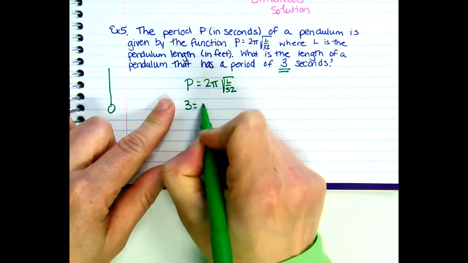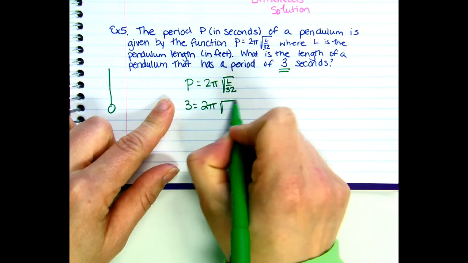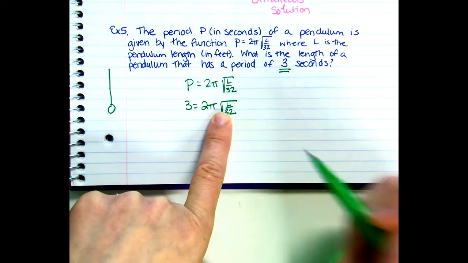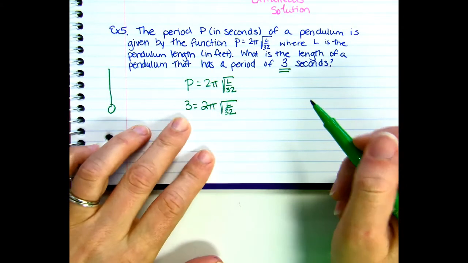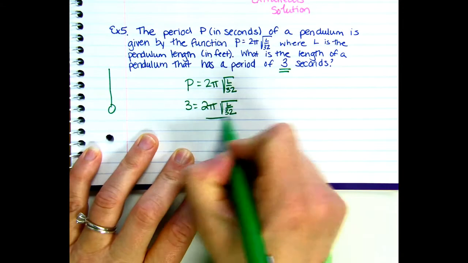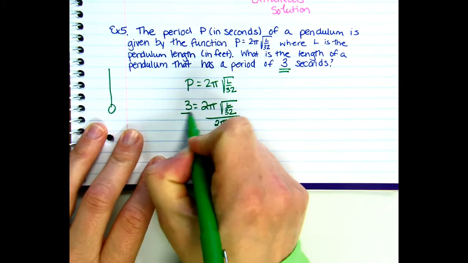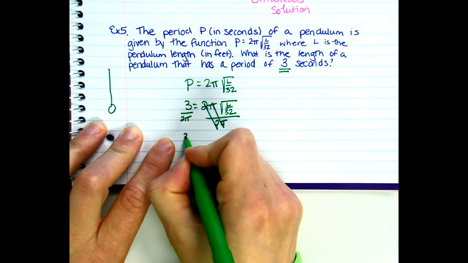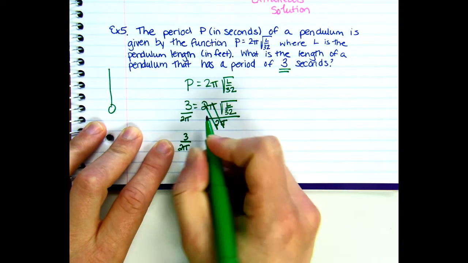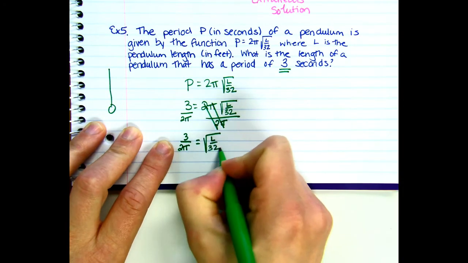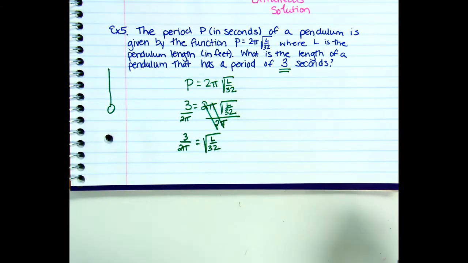So 3 equals 2 pi times the square root of L over 32, and we're trying to solve for L. First I'm going to divide each side by 2 pi. So I have 3 over 2 pi on the left side, and that equals the square root of L over 32.